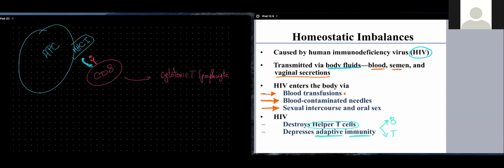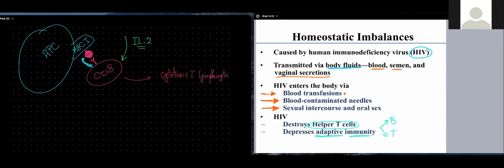I need to recognize MHC class 1. I need to recognize and bind to the viral antigen, for example, that I'm specific to target. But remember, in order for the CD8 cells to become activated and start to proliferate and give rise to the cytotoxic T cells, which is the active form of the CD8 cells, I need to receive a signal from the helper T cells, which was interleukin 2.